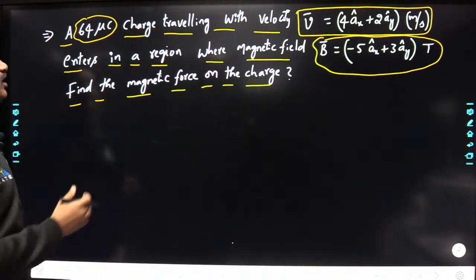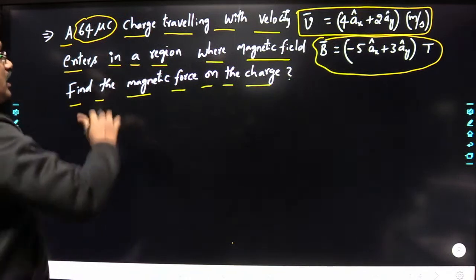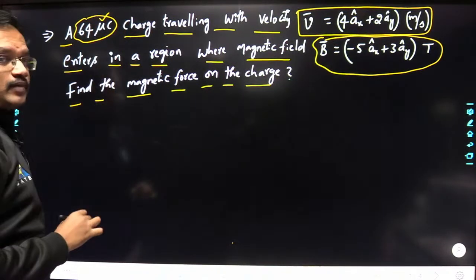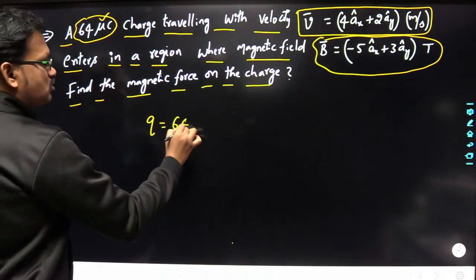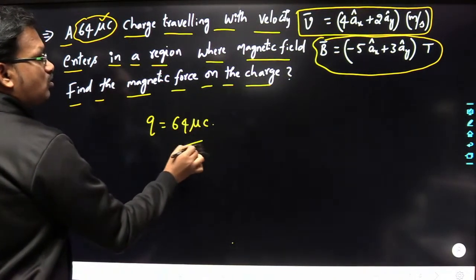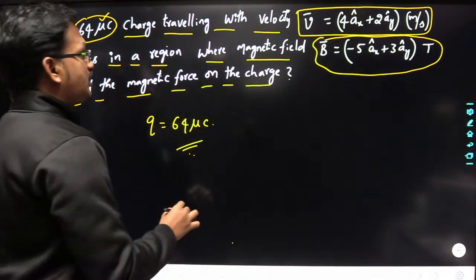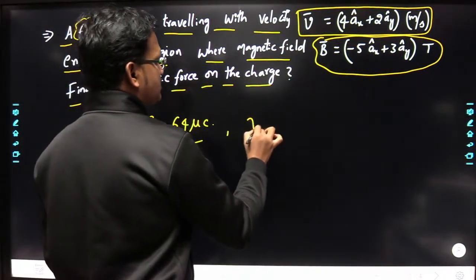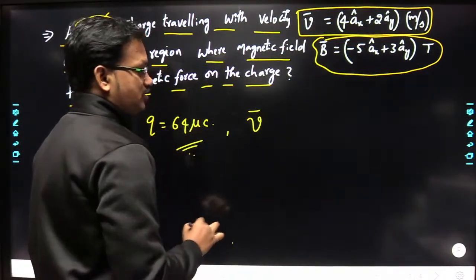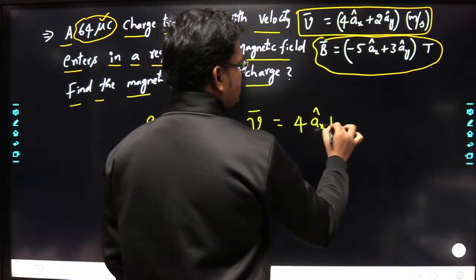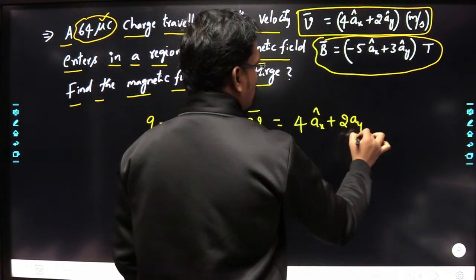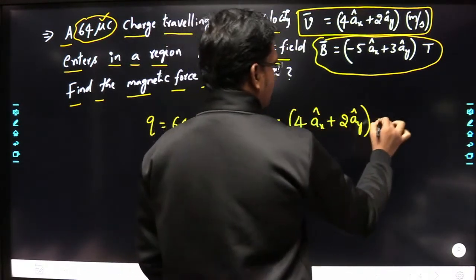What have they given here? They have given the charge of 64 microcoulomb, so Q is equal to 64 microcoulomb. This charge is moving with velocity V bar is equal to 4 ax cap plus 2 ay cap meters per second.